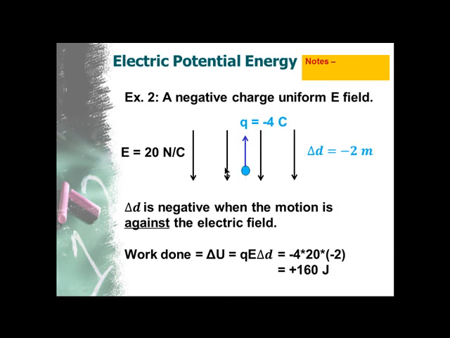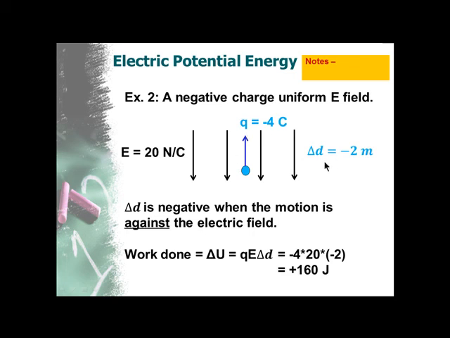Now let's consider a negative charge in that same uniform electric field. We know that a negative charge is going to go in the opposite direction of the electric field because we know that positive charges go along the electric field lines and negative charges go against the electric field lines. So if I, again, have an electric field that is pointing down and its magnitude is 20 newtons per coulomb, this negative charge, negative 4 coulombs, is going to be pushed up by this electric field.